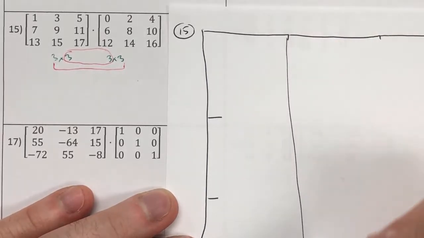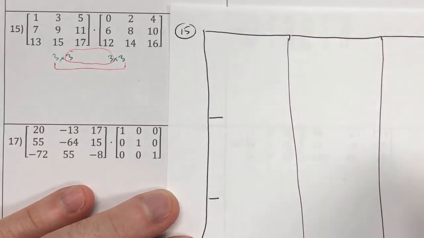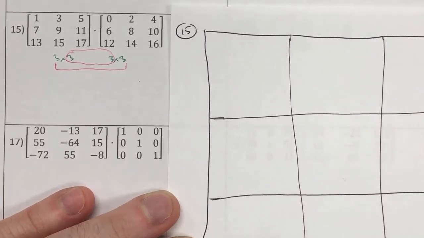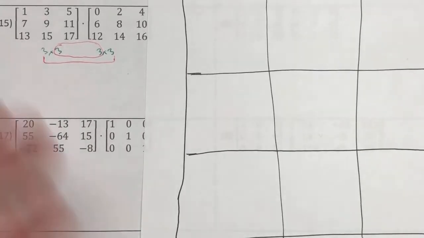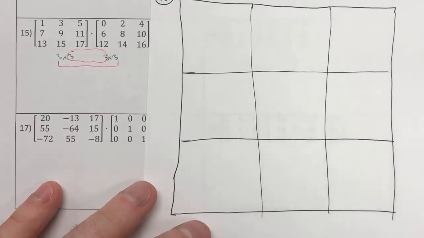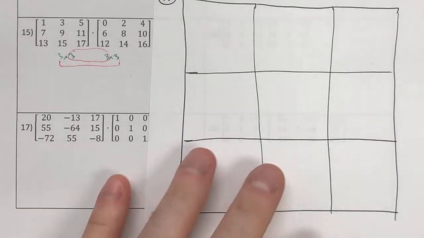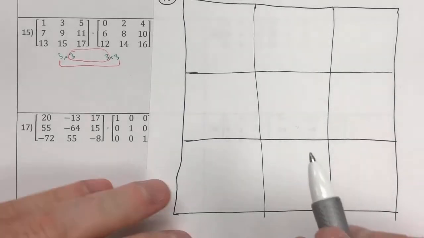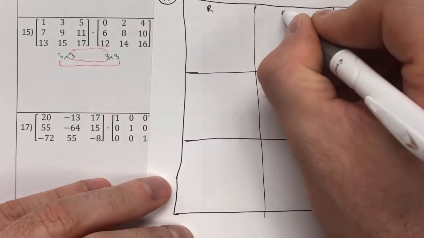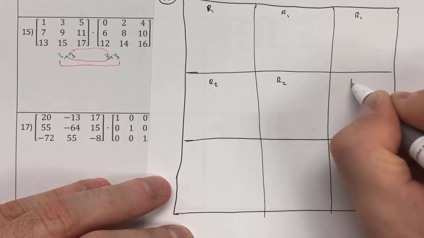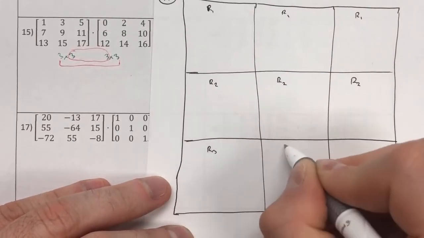Now I am aware this is taking up a lot of scratch space. Again, most of these you don't really need to worry too much about, because some of these you can just do in your head, but we're showing all of our work right now. So I have row 1, row 2, and row 3.